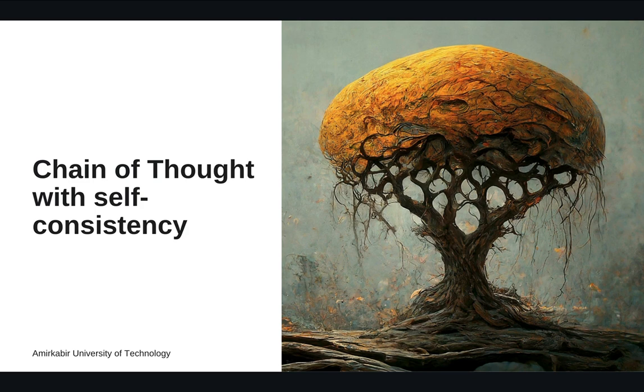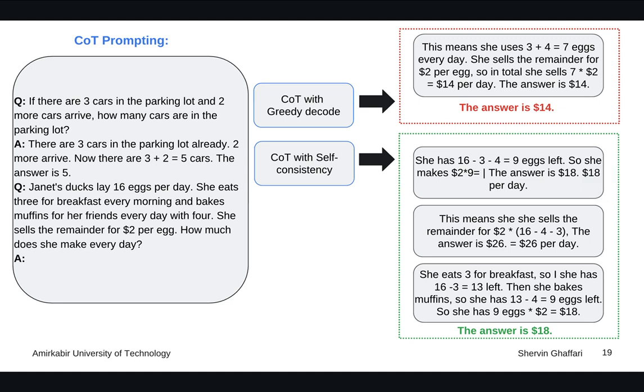But there are some augmentations, some plugins for this chain of thought. Chain of thought with self-consistency is similar to chain of thought, but think of it as asking a model to repeat this chain of thought multiple times and finding the most frequent response as the correct answer.